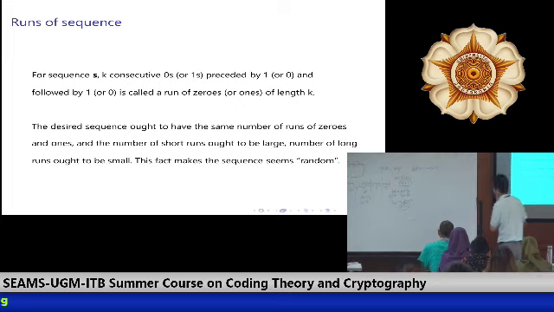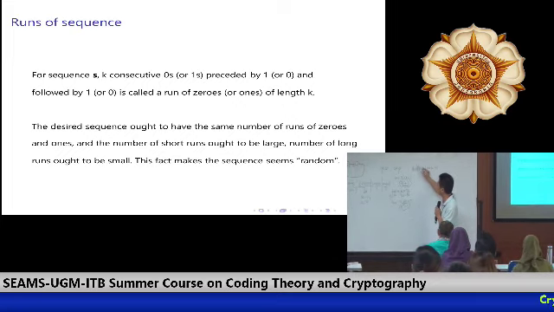This part, also this one. This is a run, this is a run, with a length of 2, length of 1, length of 1. This part will be length of 3. So this is the definition.